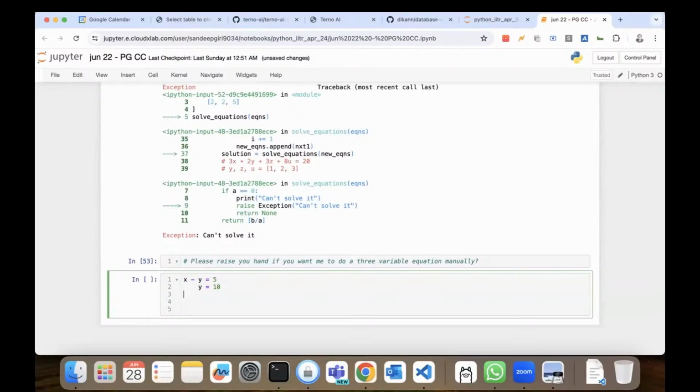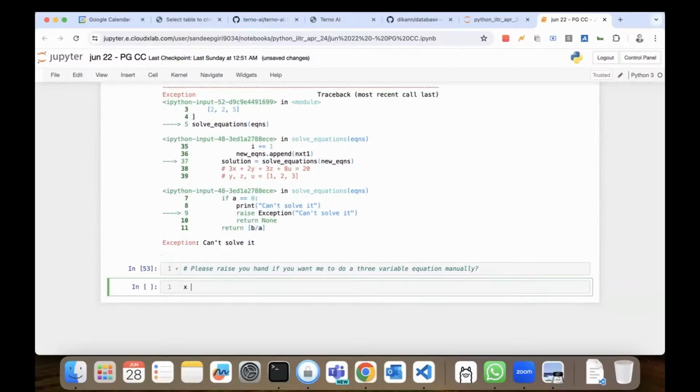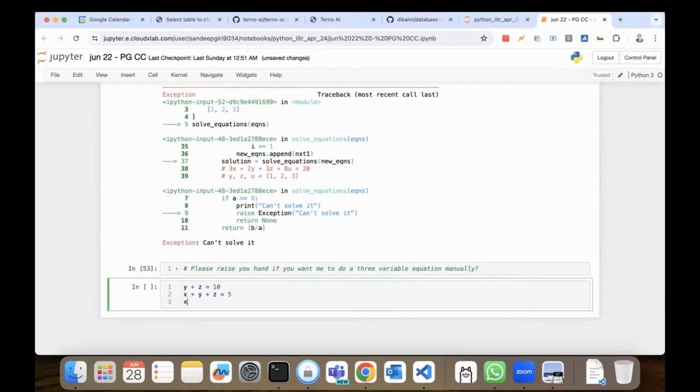Like if let's say you are given three equations: y plus z equals 10, and then x plus y plus z is 5, and x minus y plus 2z equals 20.